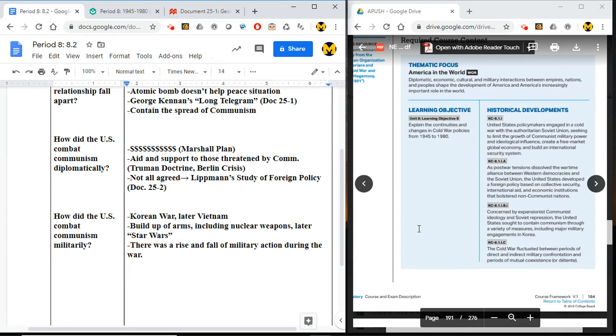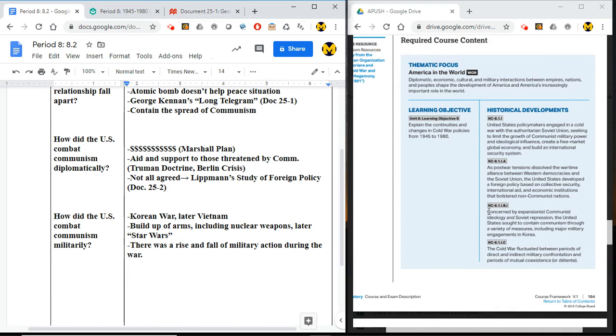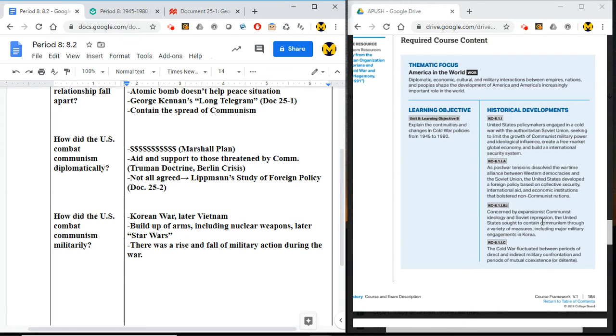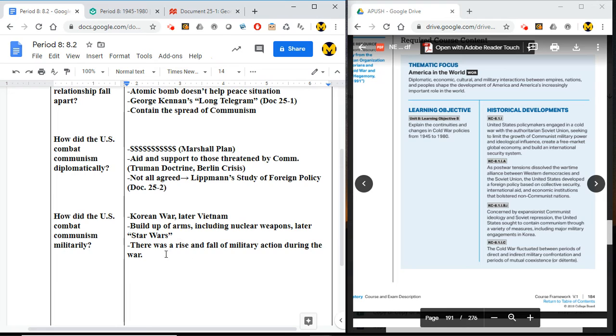That'll be helpful. The last thing here that we have notes on is concerned by expansionist communist ideology and Soviet repression. The U.S. sought to contain communism through a variety of measures, including major military engagements in Korea.